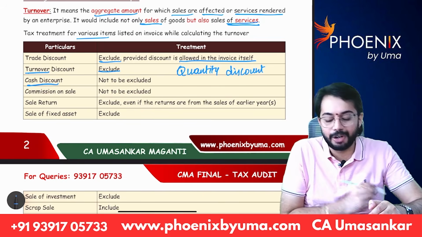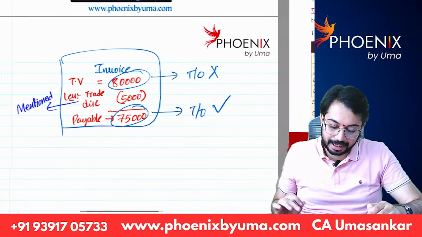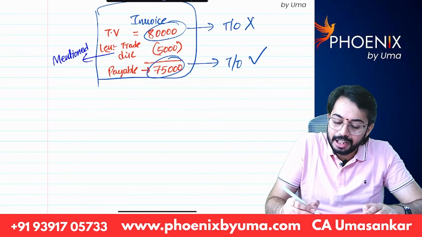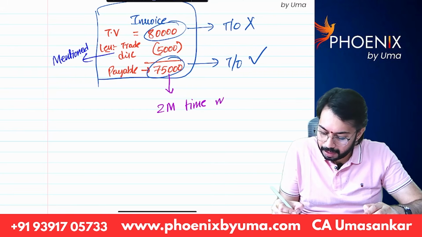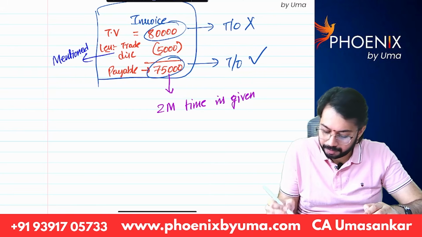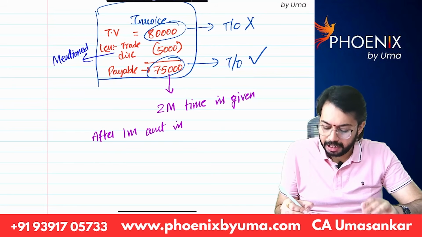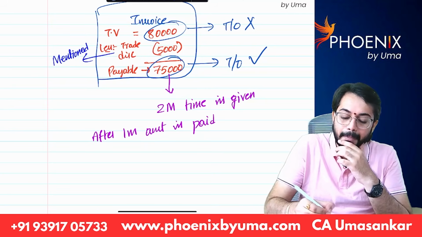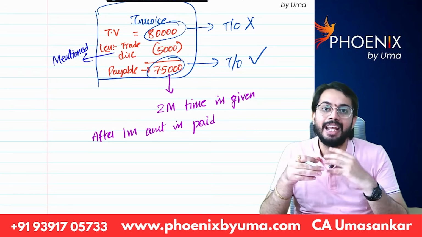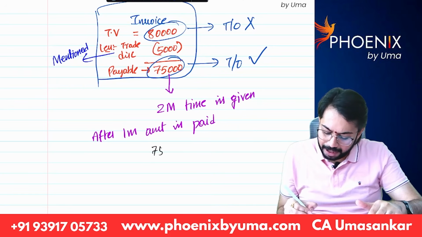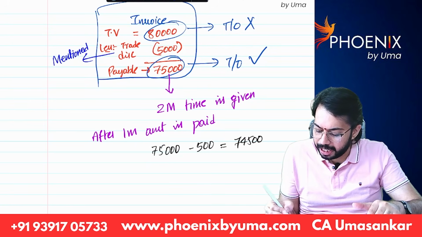And if any cash discount is given, cash discount is not to be excluded. What do you mean by this? Let's say 75,000 is payable, 2 months time is given. After 1 month, amount is paid. See, 2 months time limit is given, but before 1 month only, amount is paid by customer. So as he is paying early, some extra discount is given. From 75,000, 500 discount is given and only 74,500 is paid.